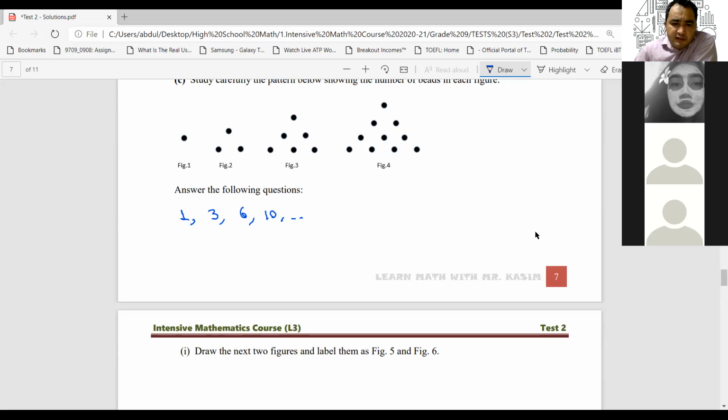If you notice here, we have 1. What is 1? 1 is 1 times 2 over 2. And how about 3? Actually, these are just the sums of natural numbers. The first is 1, the second is 1 plus 2, here 1 plus 2 plus 3, and the next one 1 plus 2 plus 3 plus 4, right?